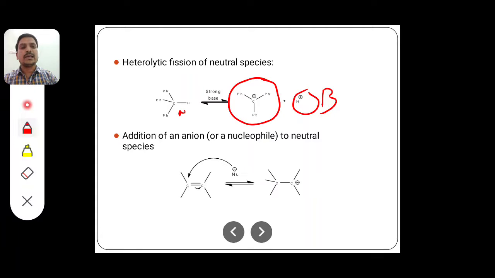If nucleophile attacks the carbon-carbon double bond, then the nucleophile will attack one of the carbons, and the double bond will open on the other carbon, which will acquire negative charge. So this is the carbanion generated here. Addition of an anion or any nucleophilic species across a neutral species or carbon-carbon double bond can generate carbanion.